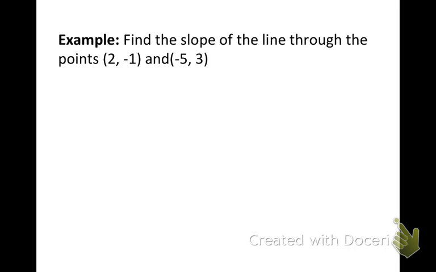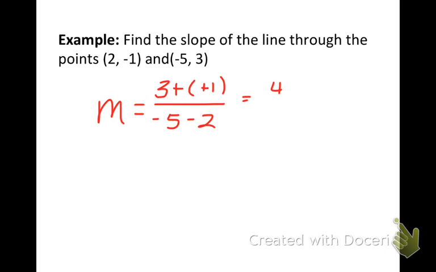Okay, so my 2 points I have up here are (2, -1) and (-5, 3). How do we find the slope? Good. So 3 minus -1, which really would go to 3 plus 1. -5 minus 2 gets me 4 over -7, which is -4/7.